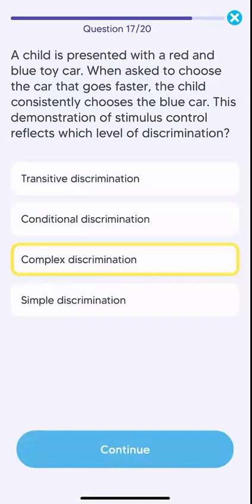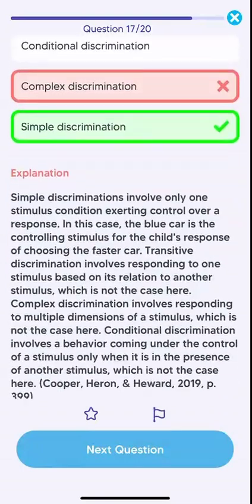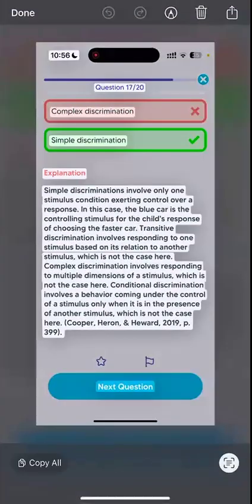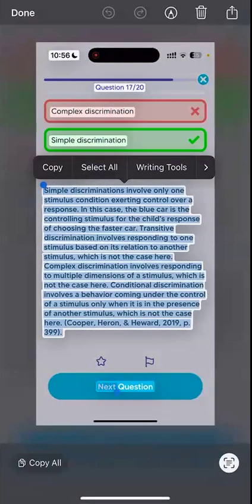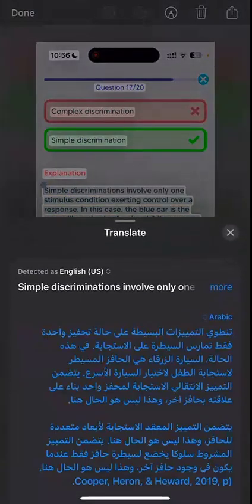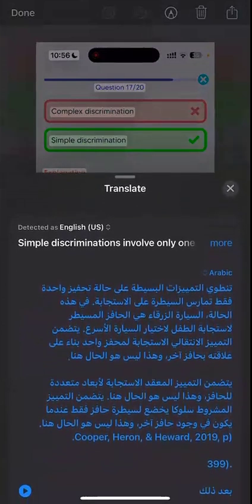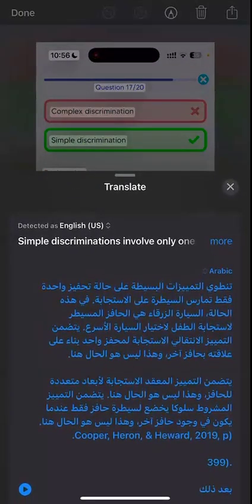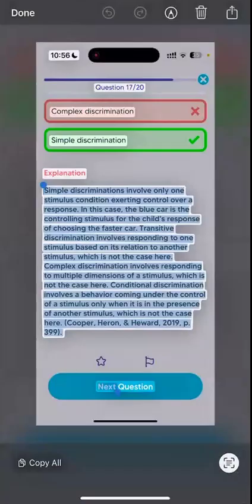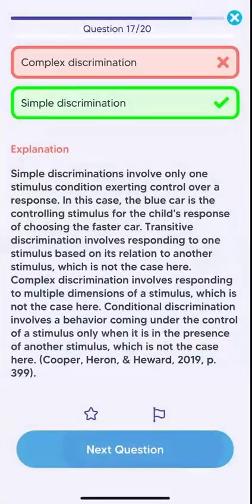Transitive discrimination? Oh, no, simple. I get it. Okay.